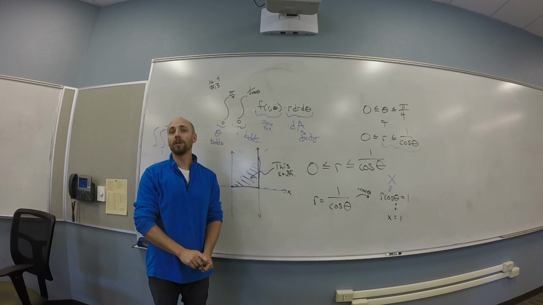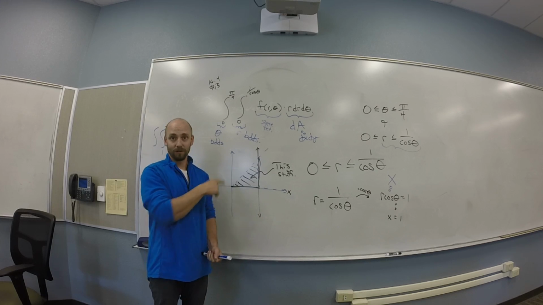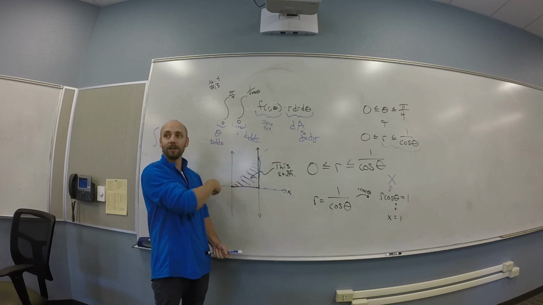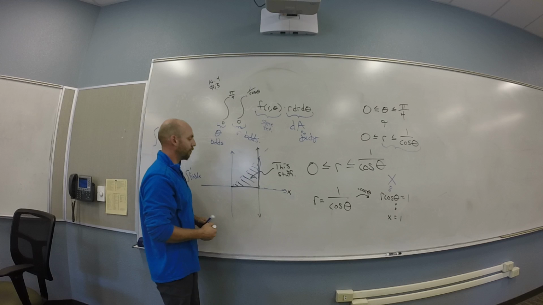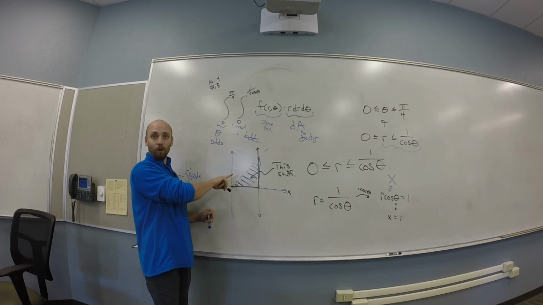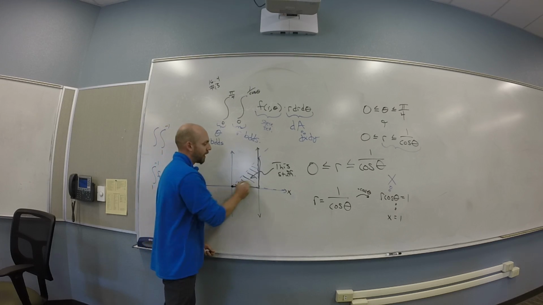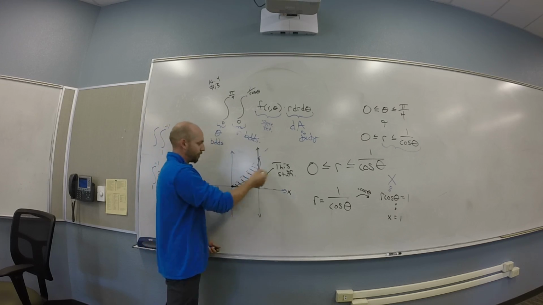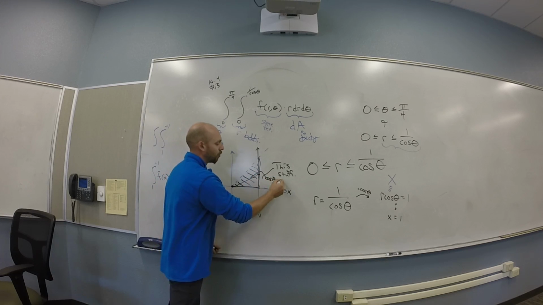This is really only me thinking about the area that I'm integrating over. It goes for angles between 0 and pi over 4, and those radii range from 0 out to r times cosine theta equals 1.